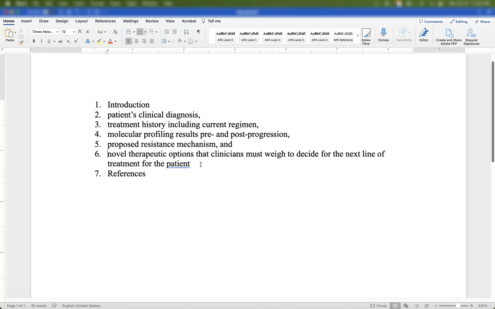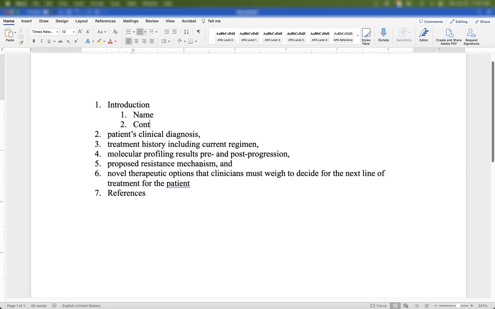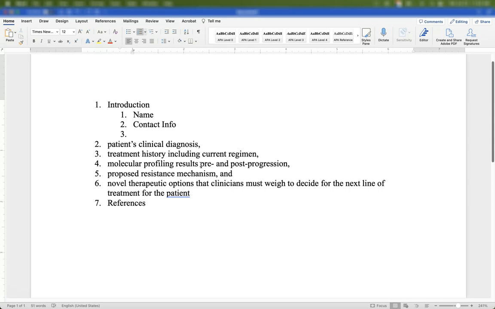So what might you have here? Well, probably your name, contact info, and something about the patient. Now, what degree of information? It's going to depend a little bit, and some of this will depend on the facility that you're in.